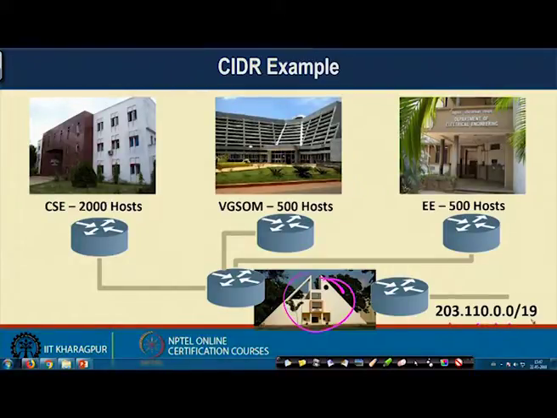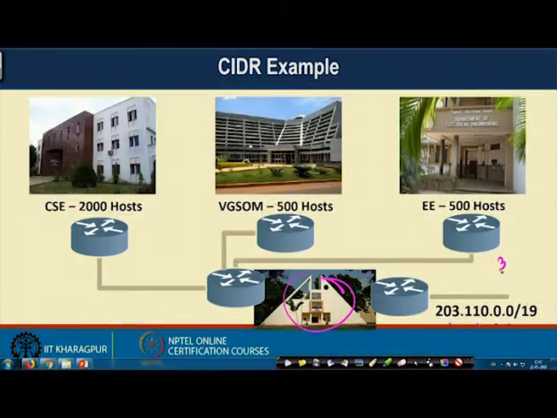If this IP pool is given to them, that means 19 bits are for the network address, and the remaining 32 minus 19, that means 13 bits, they can use for the host address. This is their total inside IIT Kharagpur.